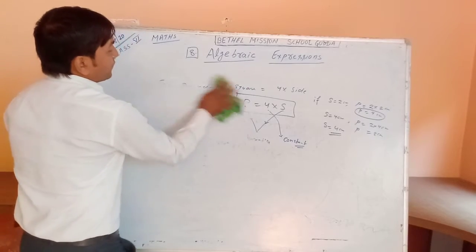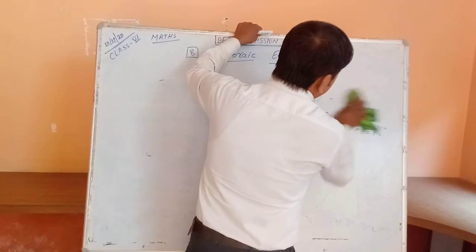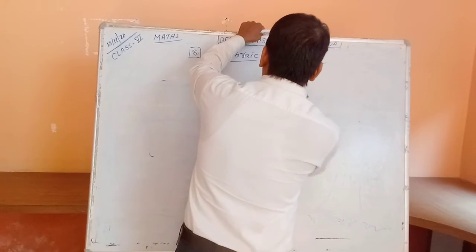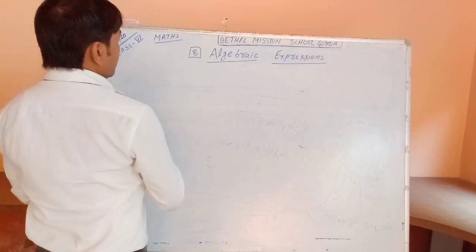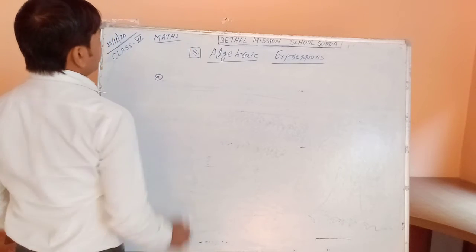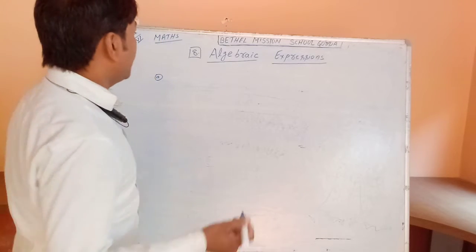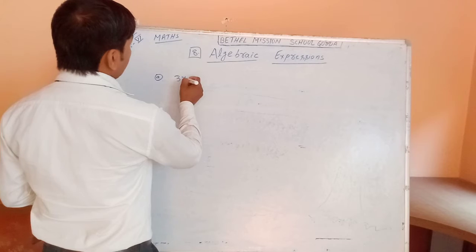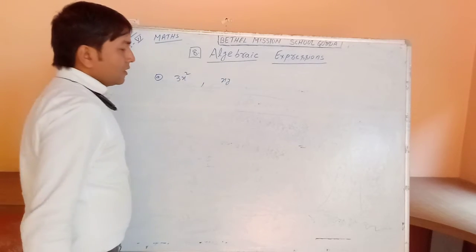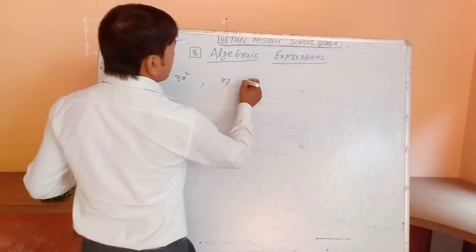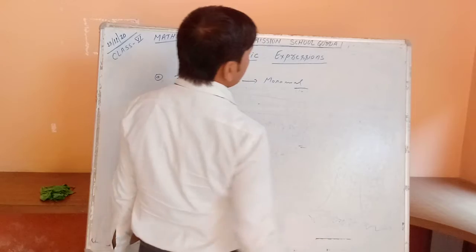Now we learn that. First, if any algebraic expression has one term, 3x square only or xy, only one term, this is called monomial.